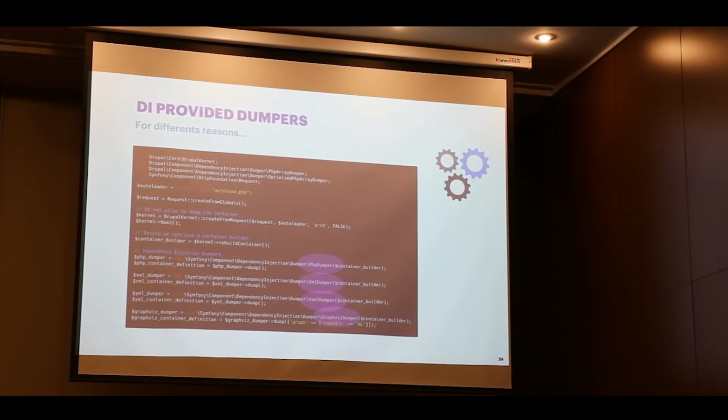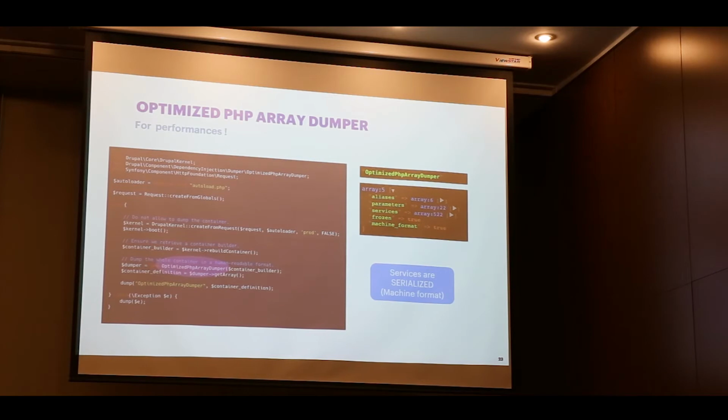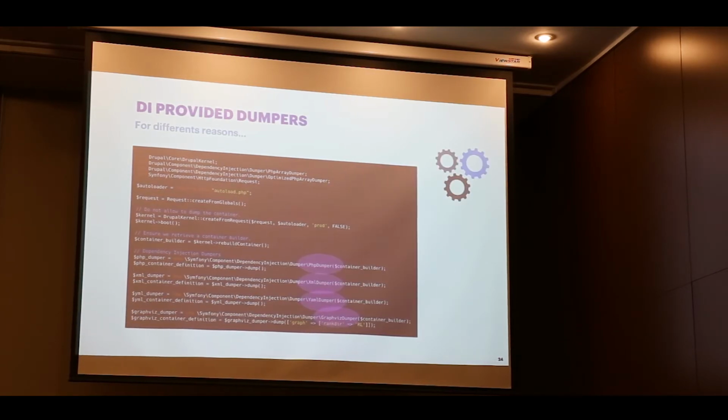In fact, these dumpers are provided by Drupal, but if you want to use another dumper inside your Drupal application, it's possible. If you want to use the custom PHP dumper, the PHP dumper provided by the Symfony component, it's possible because it's inside the dependency injection container from Symfony.